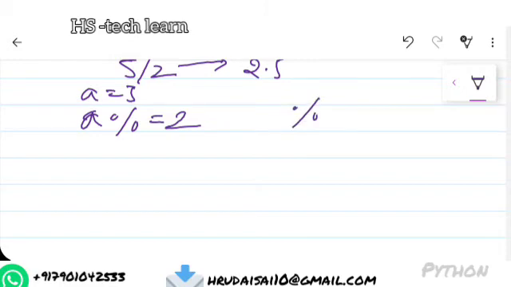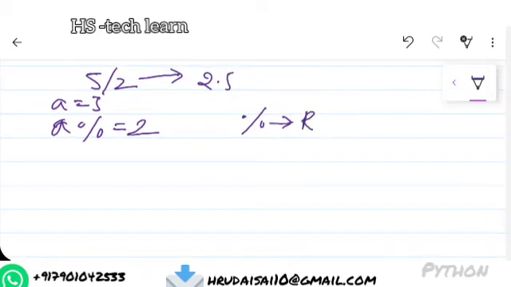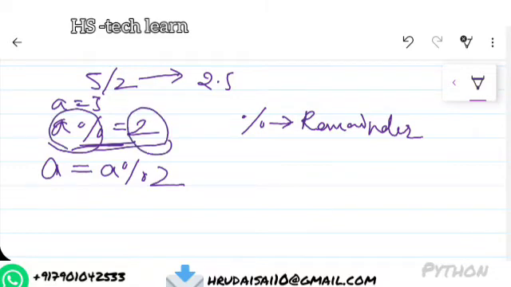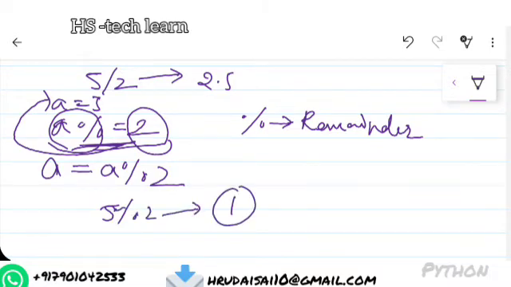The modulus gives us the remainder value. So this symbol represents A equals A modulus of 2. That means after performing this arithmetic operation, the new value will be assigned to this variable. So here we get 5 modulus of 2. Output is 1. This 1 is stored into A.